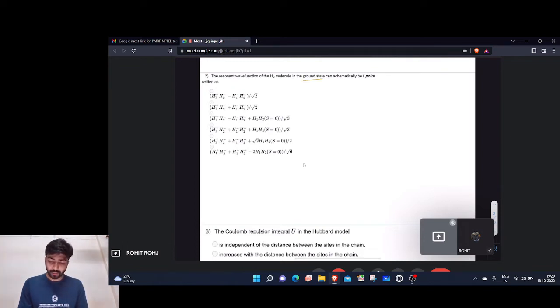Since the ground state consists of a singlet state and triplet states, the ground state wave function can be written with the first atom having a minus charge and the second atom a plus charge, and then the next reversed, and two equal contributions from the covalent states, H1 and H2.